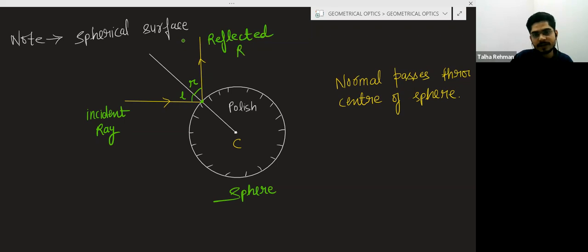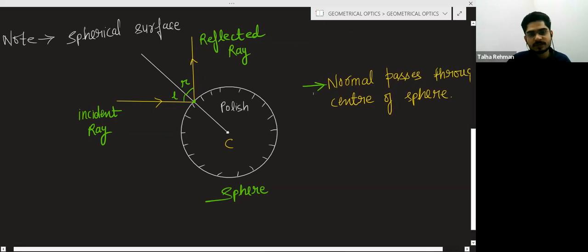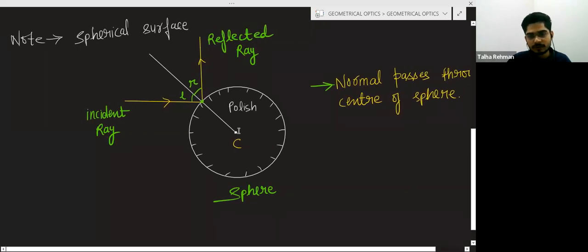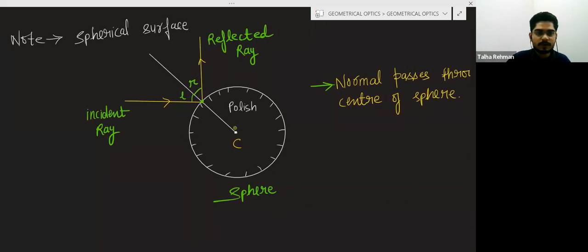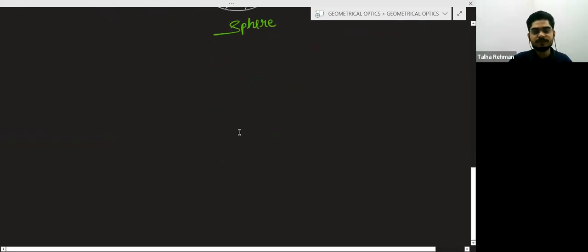This is the normal, N. If there is a spherical surface, then the normal will always pass through the center of that sphere.